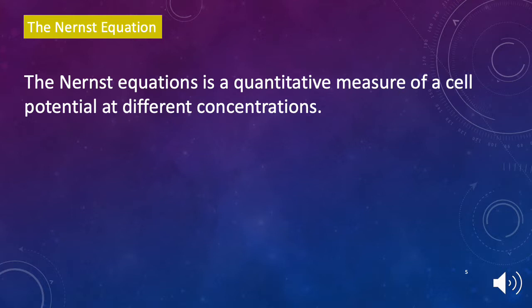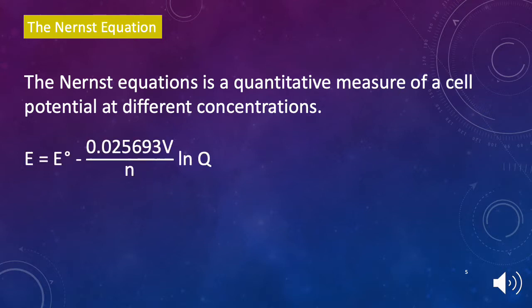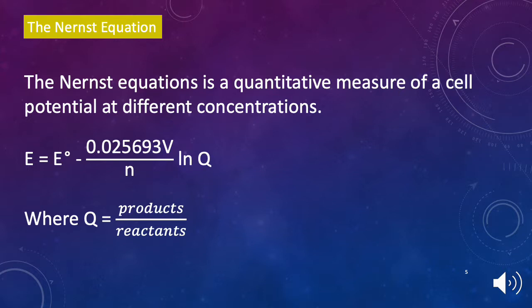Rarely are galvanic cell reactions conducted at standard conditions. This is where the Nernst equation comes in handy. Given any concentration of reagents, one can calculate the cell potential of a galvanic cell.